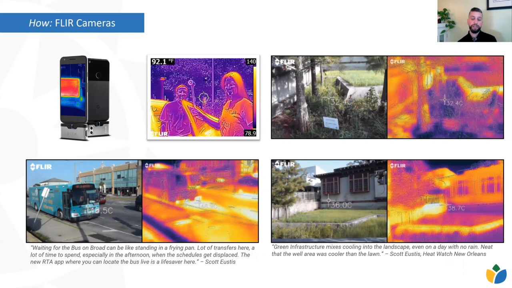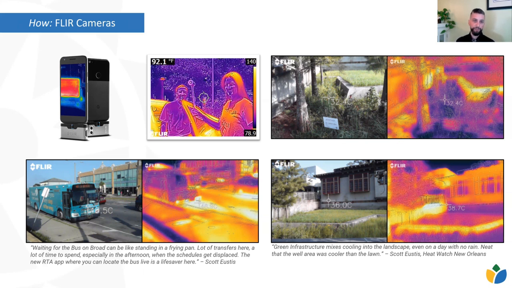One other technology that we found to be very engaging in our campaigns are the FLIR thermal imagery cameras, which attach very simply to iPhones and Android mobile devices, and let people do their own investigations, maybe during the campaign day or during the week.